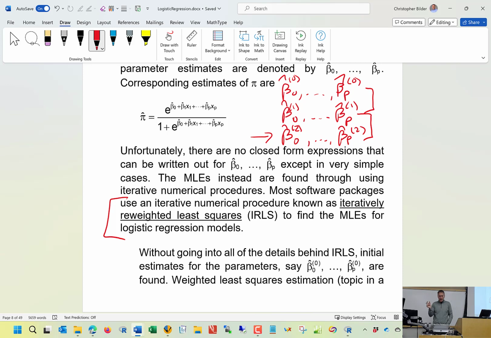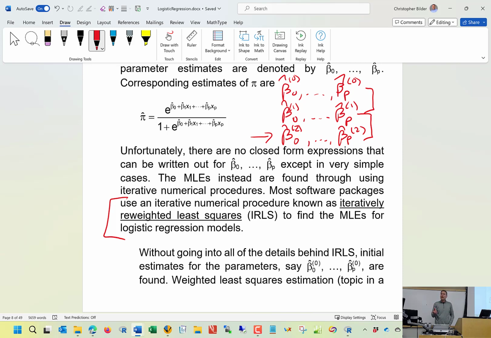But just to give you a little bit of background, so you all know what least squares estimation is. If you've taken a full regression analysis course, you've heard of weighted least squares, where it's very similar to least squares, but now you're weighting each observation. The weight typically corresponds to an estimated covariance matrix for your response.